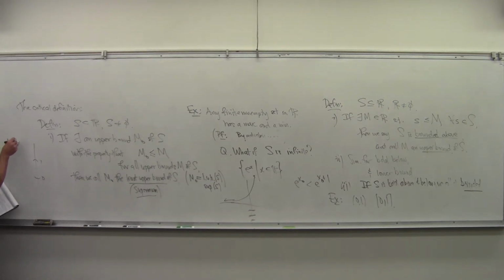Because if you have any other upper bound, well, 1 is going to be less than or equal to that other upper bound. Anybody who bounds this set is either going to be 1 or bigger than 1. So this 1 is the least upper bound.